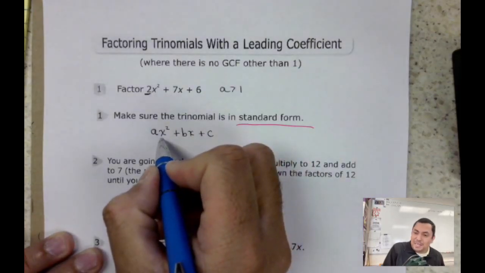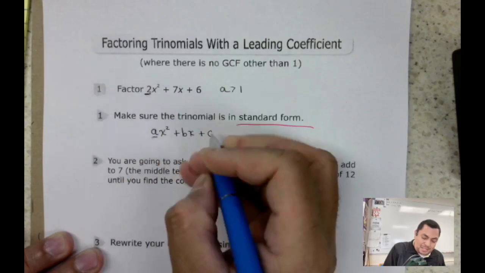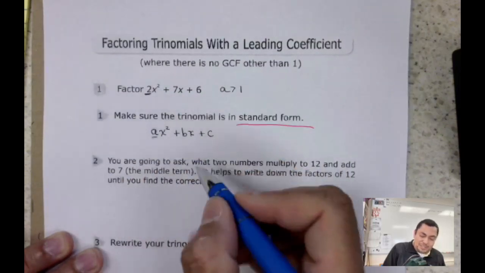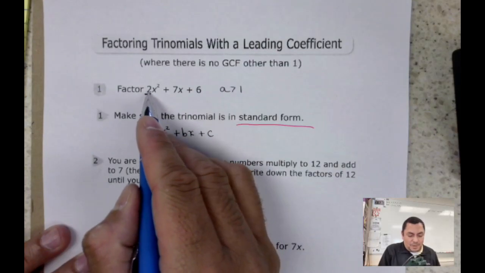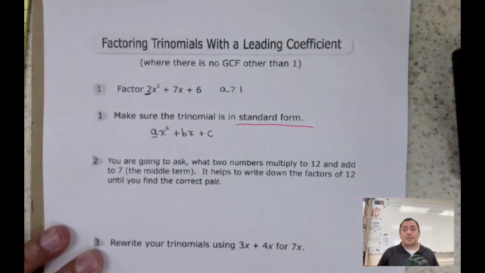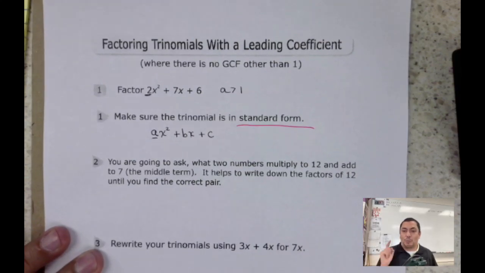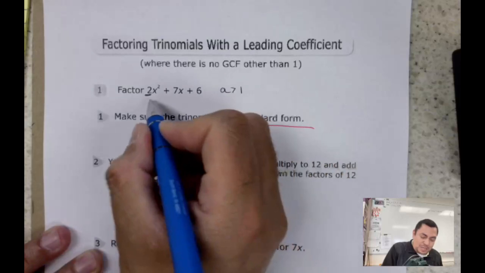Because the highest exponent is on x squared, a is called the leading coefficient. So the leading coefficient in this case is 2. You can see that you have 2x squared plus 7x plus 6, and the only greatest common factor that we have here is 1. There is no other greatest common factor on this trinomial.